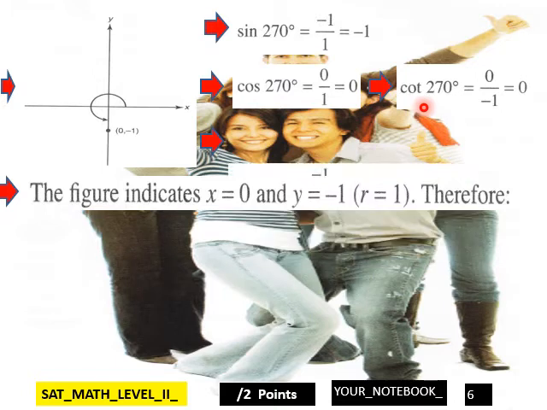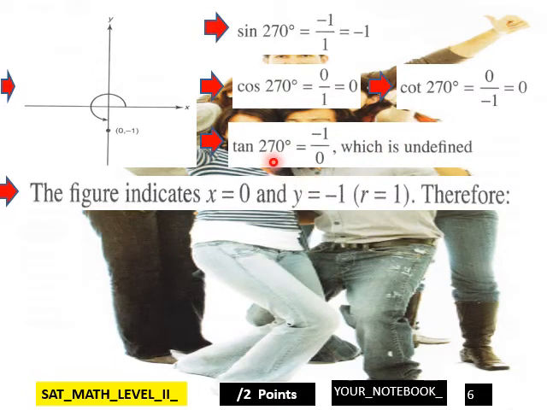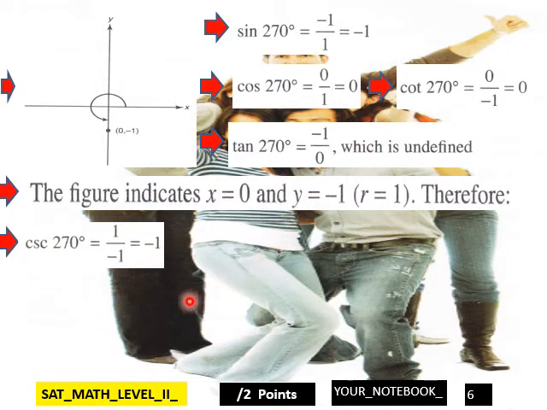Why? Because our tan of 270 degrees equals negative 1 over 0, which is undefined. So our tan here is undefined, whereas our cotan would be 0 in that case.